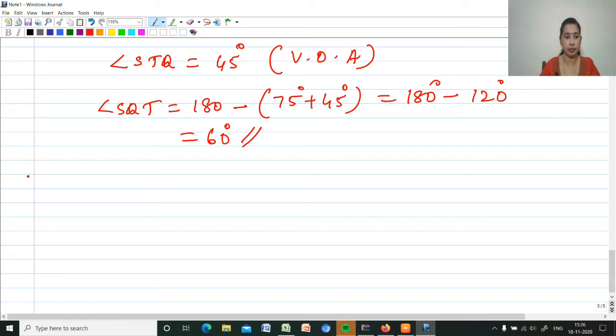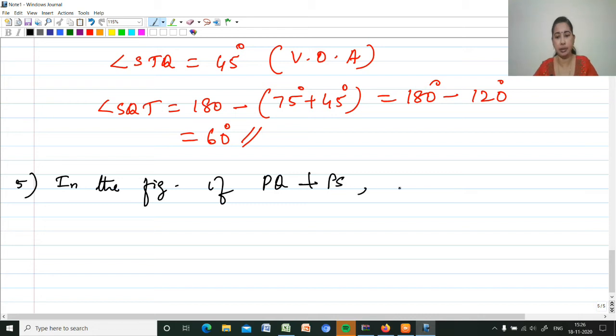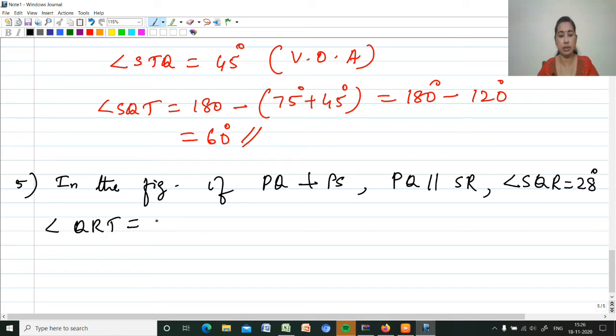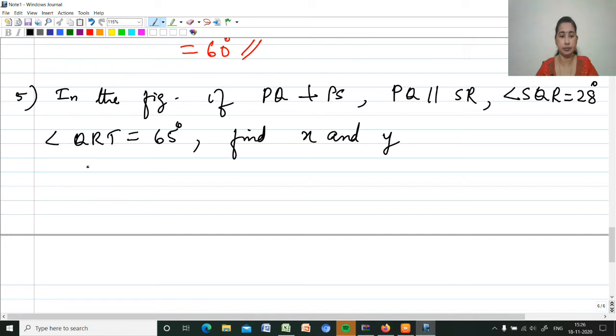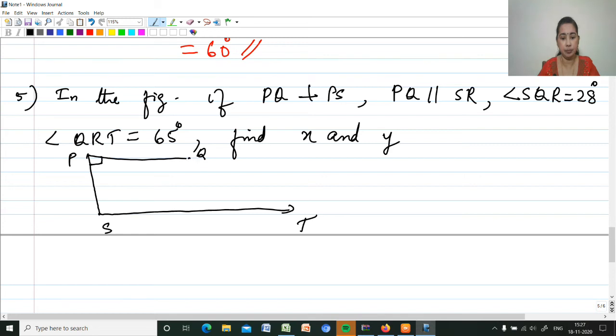Now next one, question number 5. In the figure, if PQ is perpendicular to PS, PQ parallel to SR, and angle SQR is equal to 28 degrees and QRT is equal to 65 degrees, find X and Y. This is ST. So the angle is 90, this is P and this is Q. This point is R. This angle is 65 degrees.